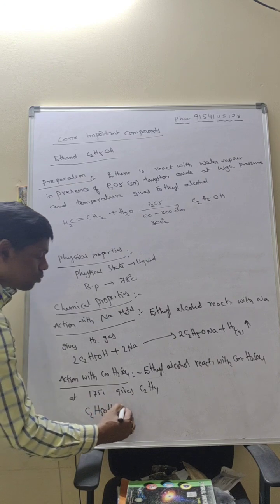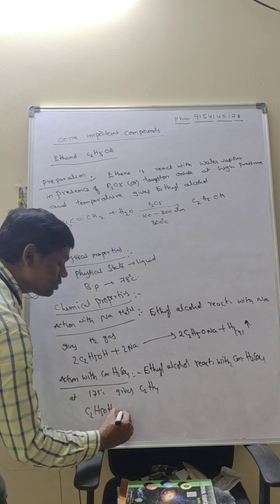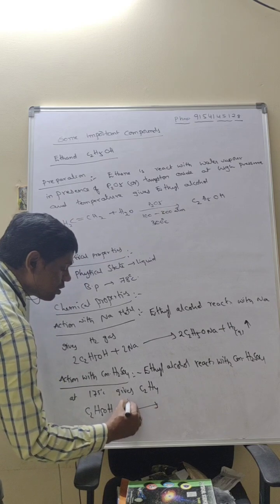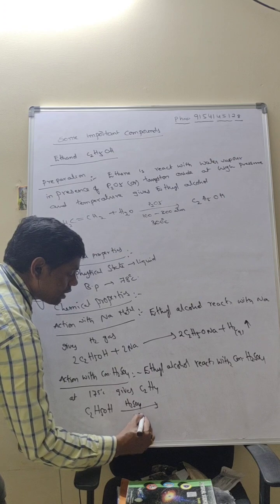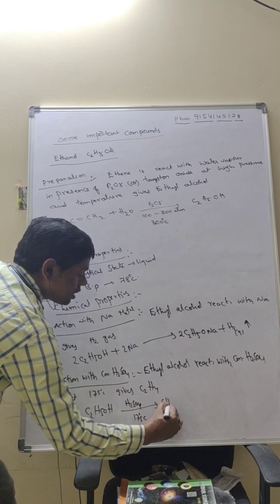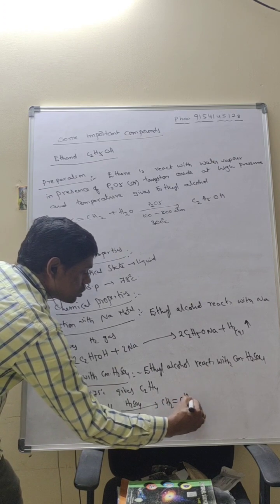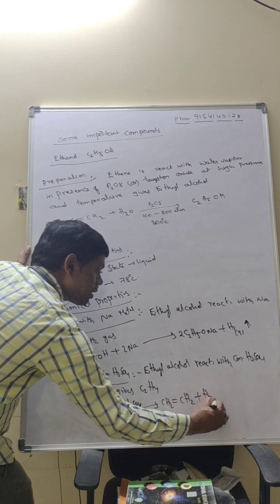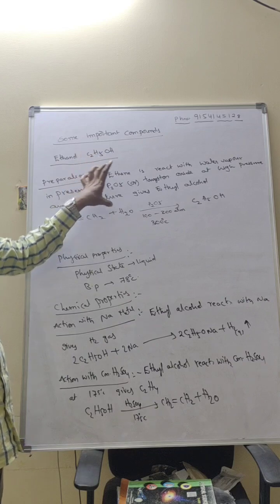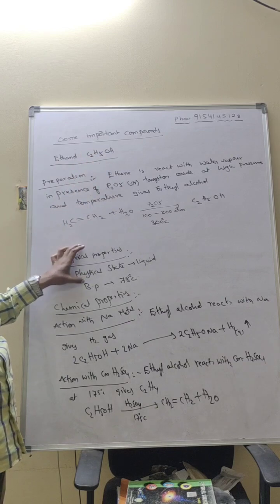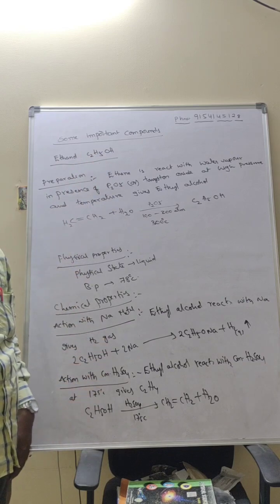C2H5OH plus concentrated H2SO4 at 175 degrees Celsius gives CH2=CH2 plus water vapor. See ethanol: this is the preparation method, these are the physical properties and these are the chemical properties.